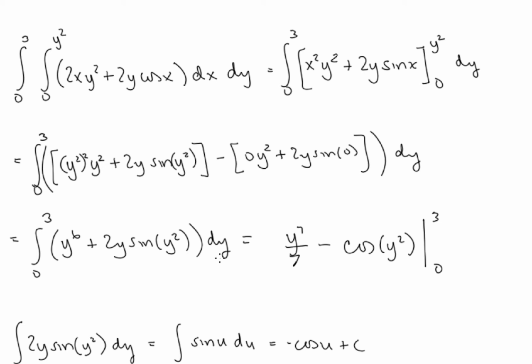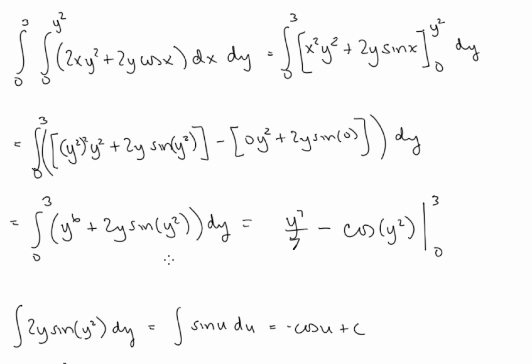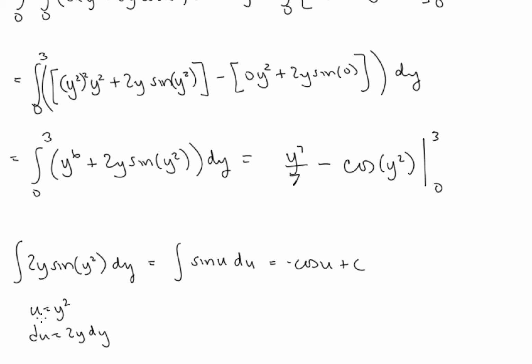So integrating with respect to y, we get y to the 7th over 7 minus cosine of y squared. Because notice here, what we have is a u sub. u is equal to y squared, and du is 2y dy. So it's actually a perfect u sub. We don't have to make any adjustments here. This is the integral of sine u du.